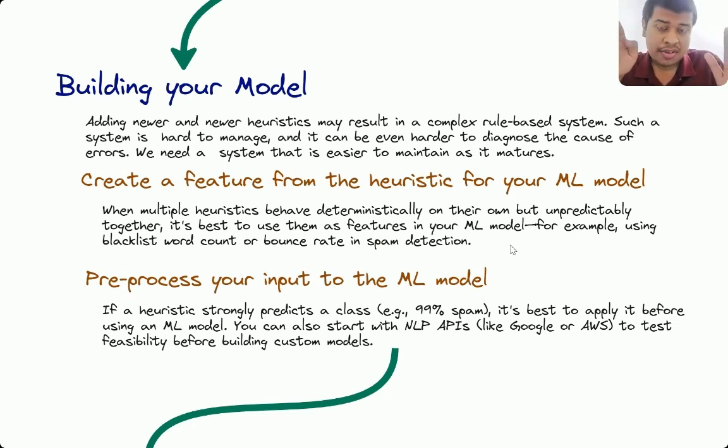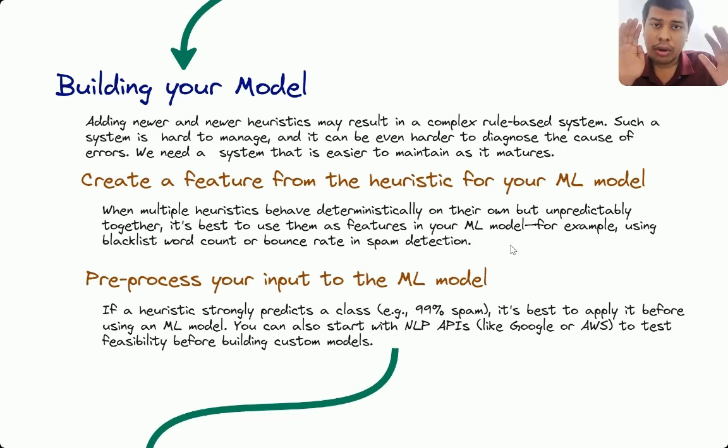Take the task of spam email detection. In it, you have to detect whether a particular email sent to you is spam or not, so it's a classification problem. For a classification problem, we'll go with a basic classification model, which could be logistic regression.